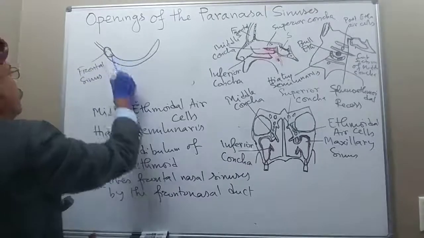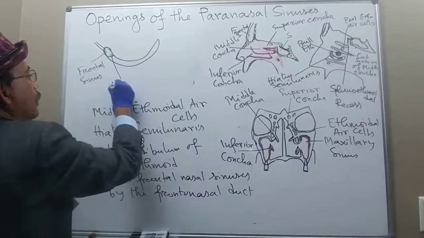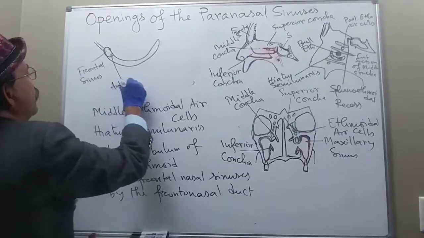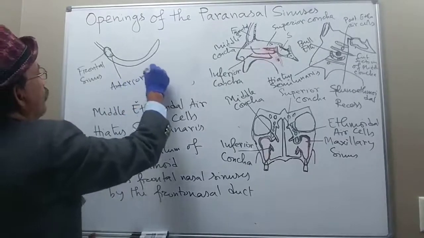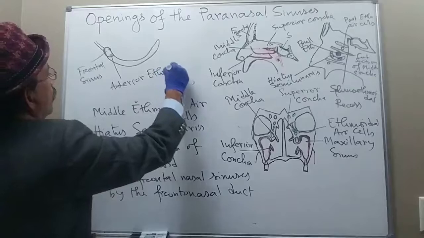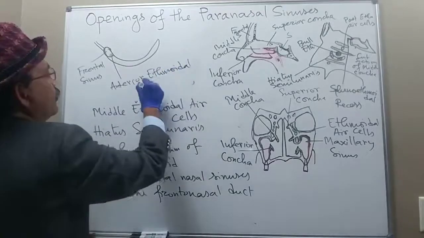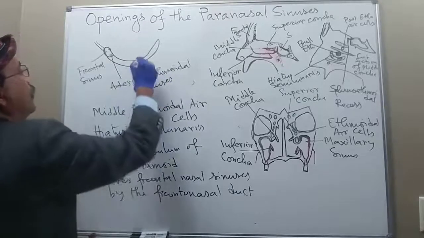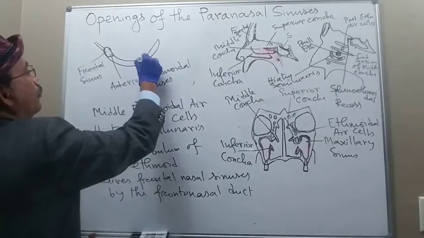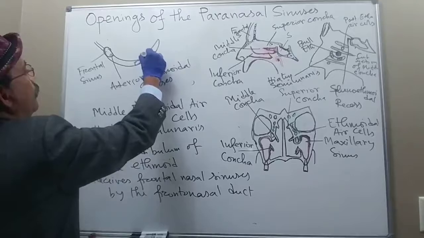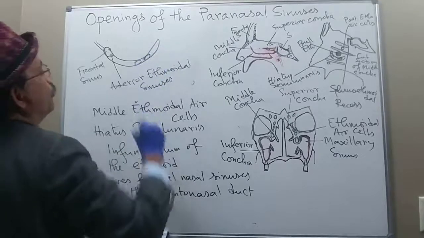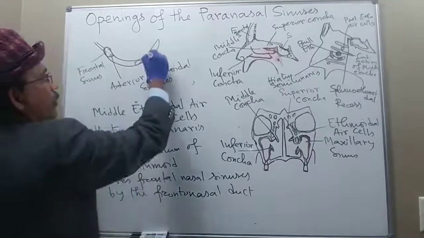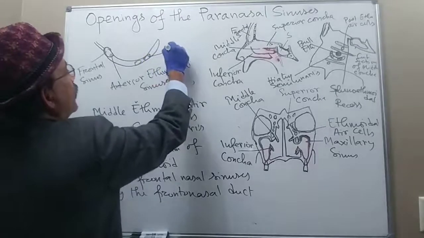It also receives the anterior ethmoidal sinuses or air cells. Okay, and on the posterior aspect and middle part, maybe mostly in the posterior part, we get the opening for the maxillary sinuses.